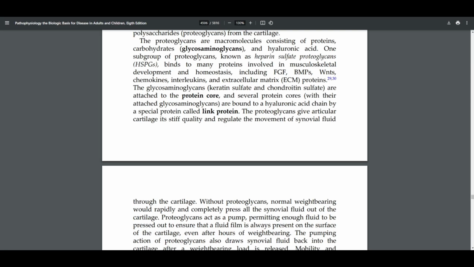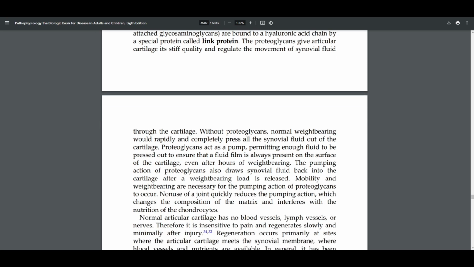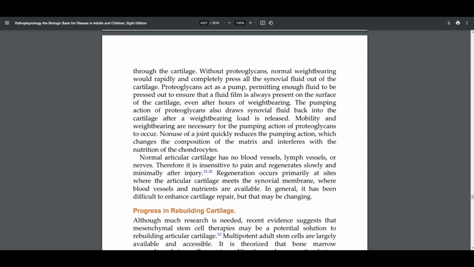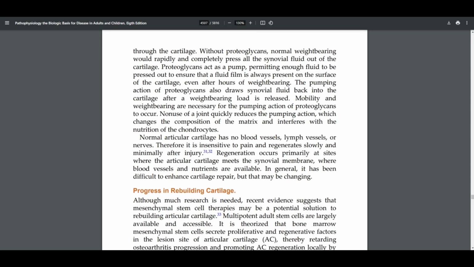The proteoglycans give articular cartilage its stiff quality and regulate the movement of synovial fluid through the cartilage. Without proteoglycans, normal weight bearing would rapidly and completely press all the synovial fluid out of the cartilage.